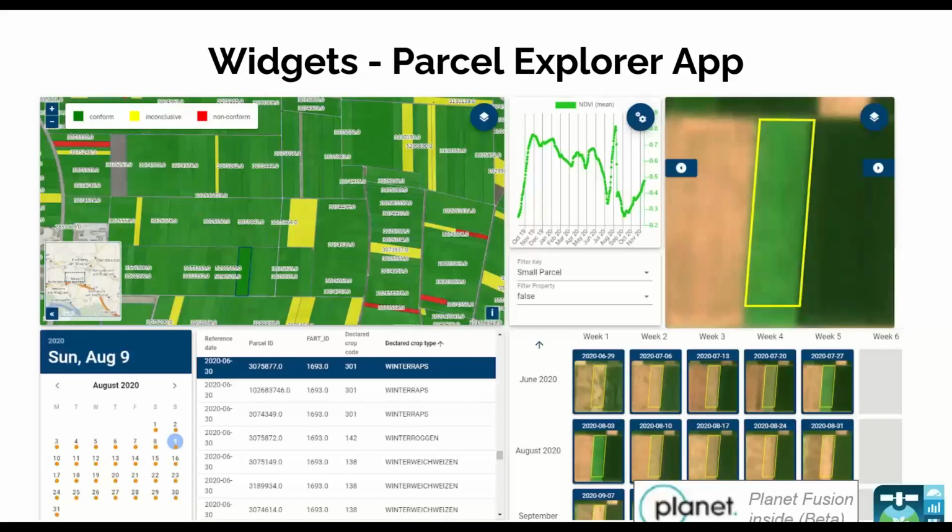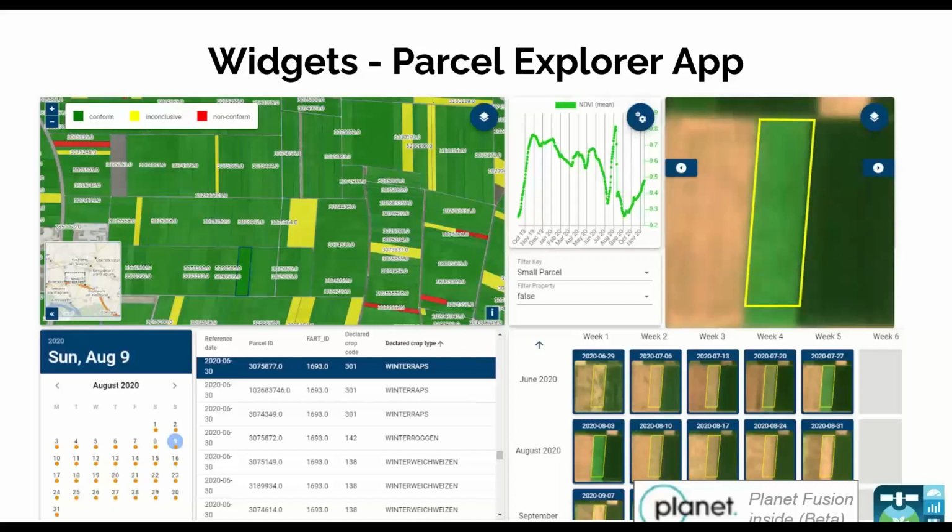I will only quickly describe this, since there will be a full presentation by Gregor Milczynski from Sinergise on this kind of functionality for expert judgment later in this webinar. We call it Parcel Explorer. So this slide gives you an impression, and it is all offered as a web graphical user interface, and it's customizable individually to the paying agency needs.